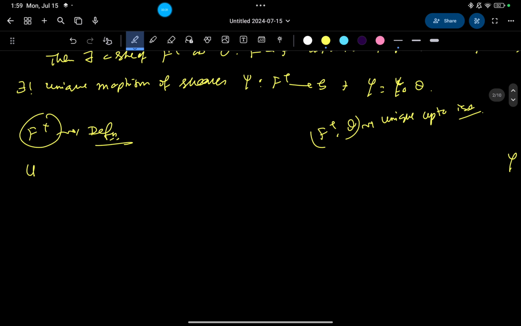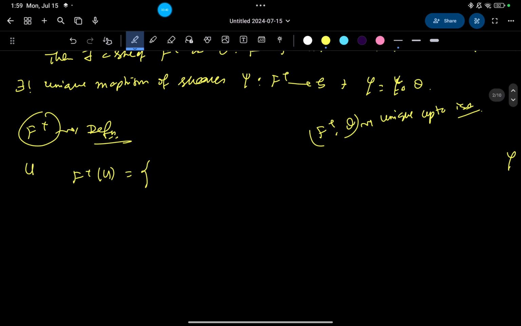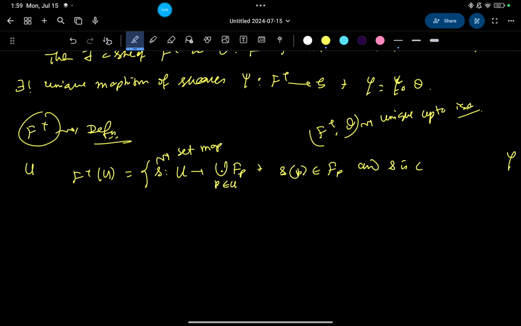It is defined as, for every U, F plus of U is defined as the set of all S from U to the disjoint union of F_P over P in U, such that it is basically a set map, such that S of P belongs to F_P, and S is a locally constant map.